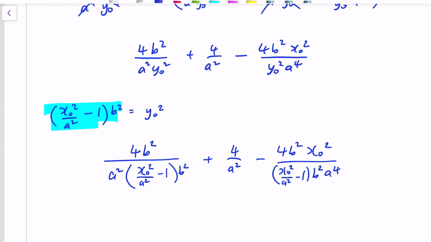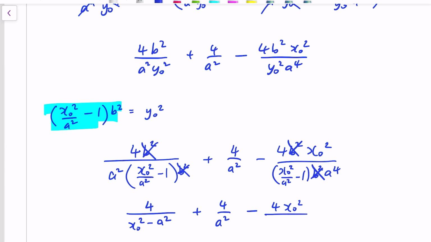I'm sure stuff simplifies here, just can't quite see it. Let's cancel off the b squareds there, cancel b squareds there. We'll expand the brackets in the denominator. We've got 4 over x naught squared minus a squared minus 4x naught squared over x naught squared a squared minus a to the 4.